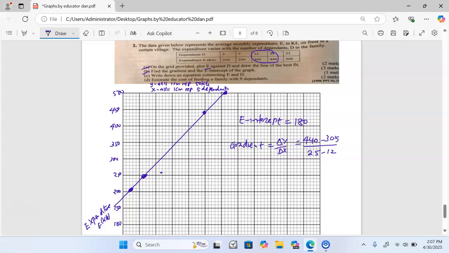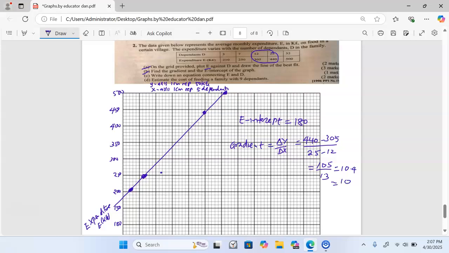Using a calculator, this gives us 105 out of 13, which translates to 10.385, which is around 10.4. We can round it to the nearest whole number as 10.